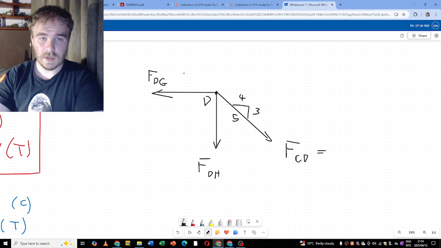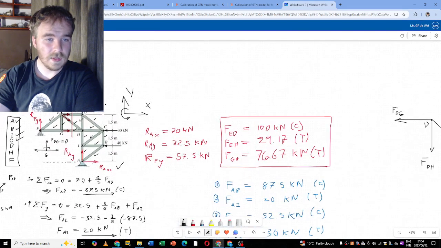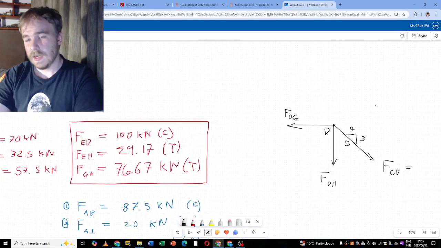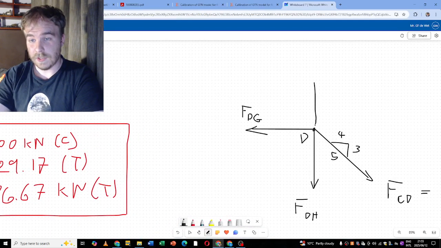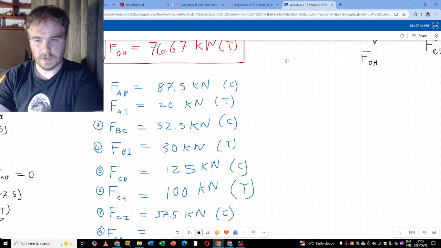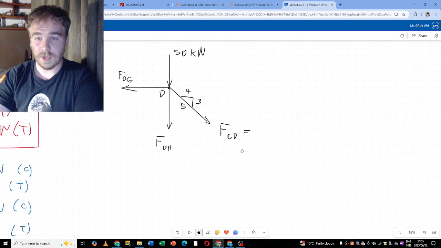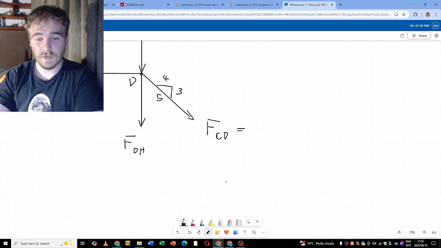And I think we also have a load on that point. Yes, a 50 kilonewton load. And this is exciting because now we're actually getting to comparing some values. 50 kilonewtons. And FCD was not small, 125 in compression, so that's negative 125.